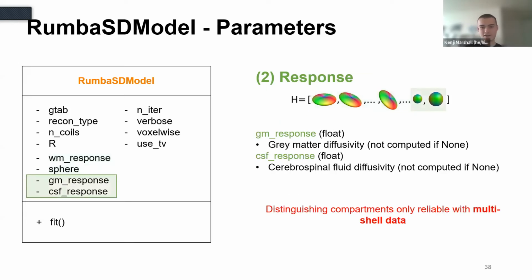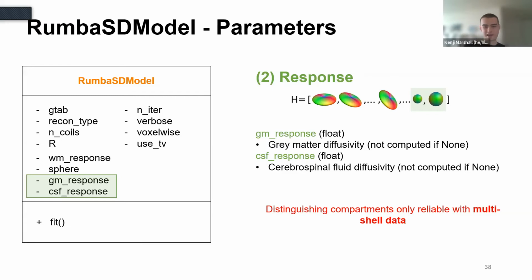The last 2 parameters for the response section are the gray matter and cerebrospinal fluid responses. These are just floats which correspond to the gray matter or CSF diffusivity, and these generate these spherical responses in our dictionary. You can pass none to these parameters as well, and that will not compute these additional compartments if that's not something you're interested in accounting for.